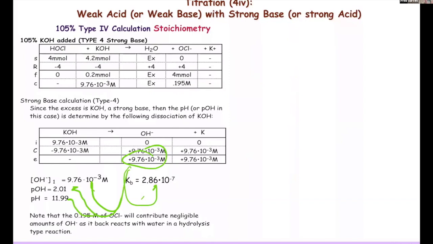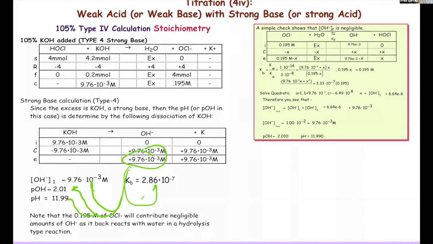11.9999 is about 12. Here's the correction when I think about how much of that conjugate base is adding to the total hydroxide ion concentration. It adds very little, actually. This is actually a quadratic, and I'm not going to ask you to calculate the amount that the conjugate is adding because I really just want to know the pH of the solution.